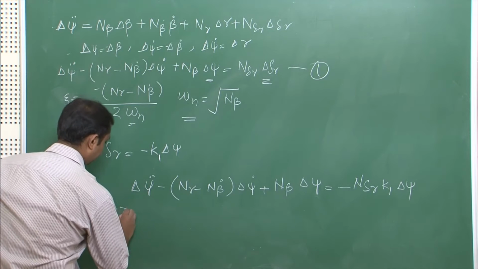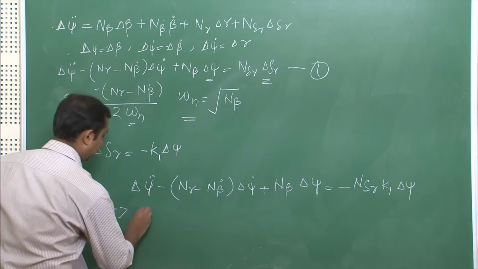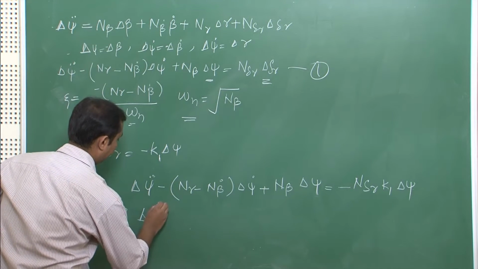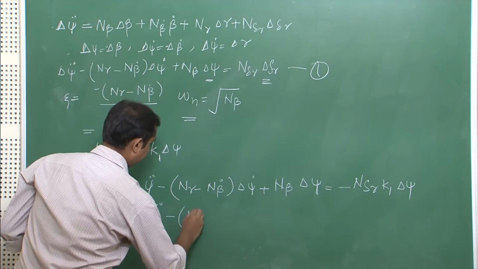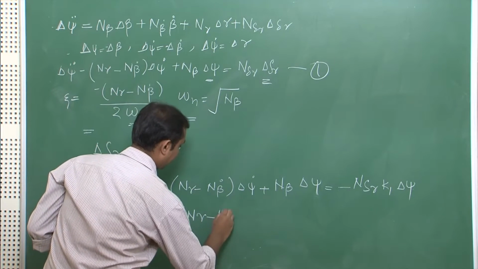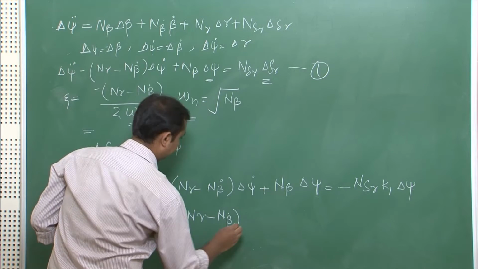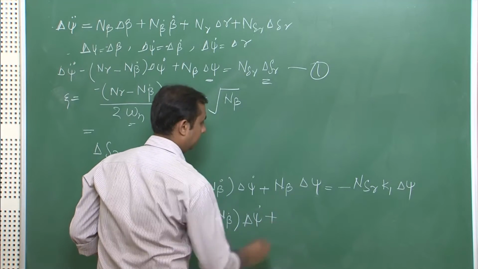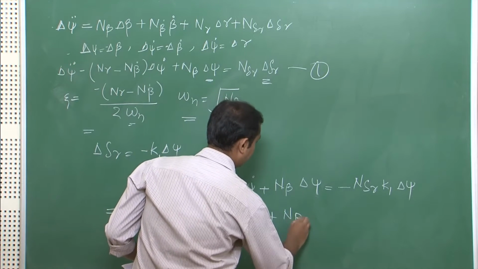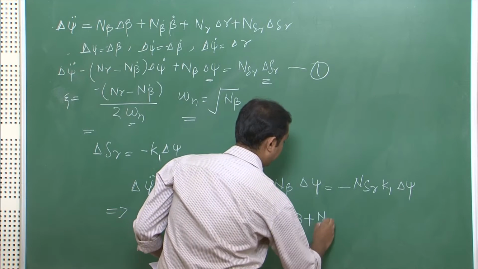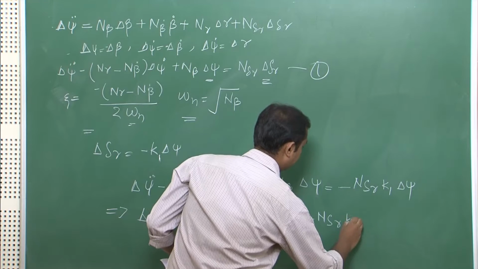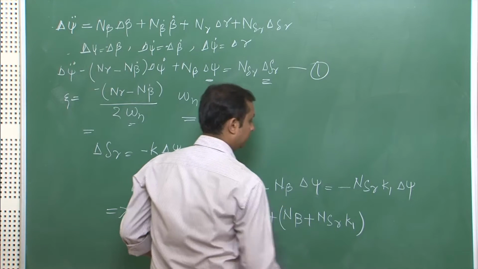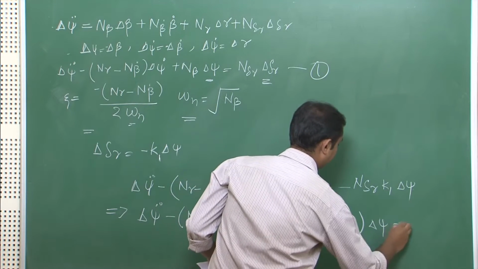Further, this can be written as delta psi double dot minus n r minus n beta dot into delta of psi dot plus n beta plus n delta r k1 into delta of psi equals 0.